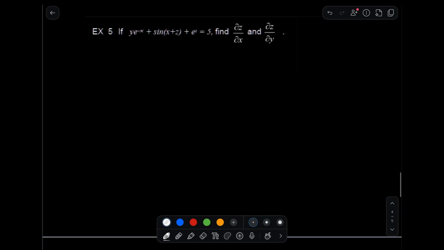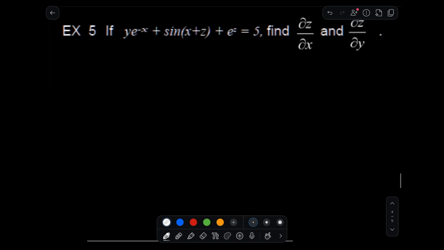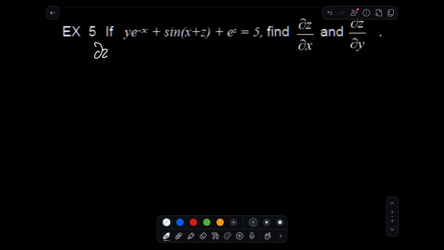And example 5, this is going to involve the chain rule again. And if you want to try this example on your own, feel free to pause the video. Let's get right into it. So we have del z del x. So just take the partial with respect to x everywhere.